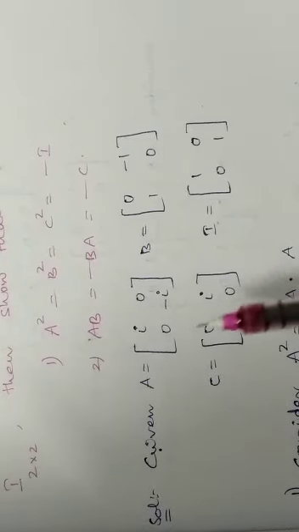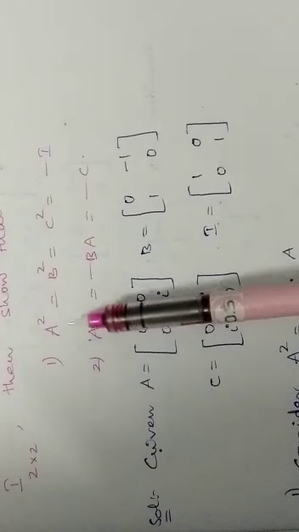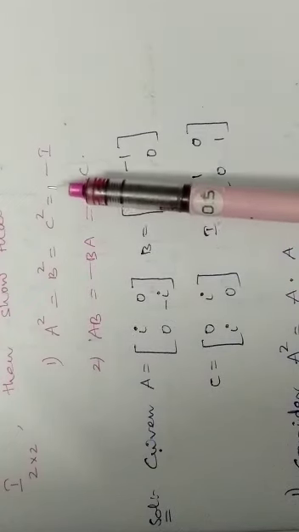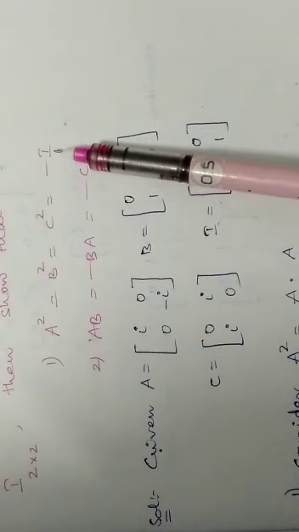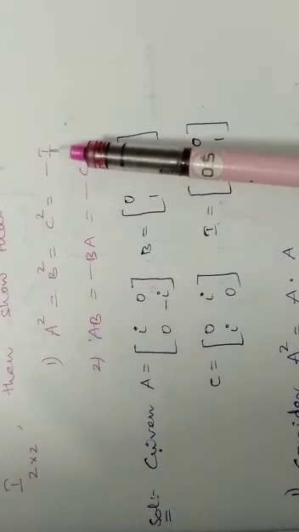Right. In the first bit we have to prove A square equal to B square equal to C square equal to minus I. These four are equal. We have to prove it.